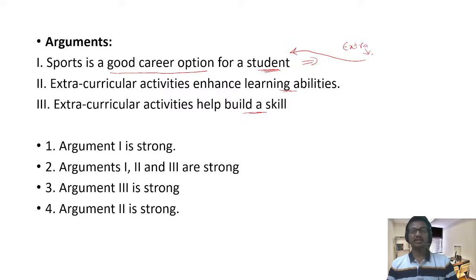Sports is just one extracurricular activity. There are other students who can select drawing or singing, other activities they can choose. So this cannot strongly support the given statement, which means argument 1 is not strong enough.